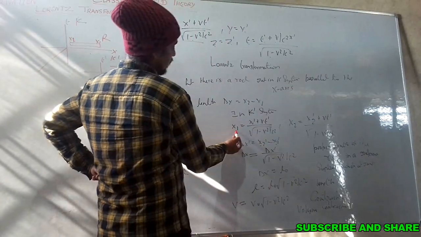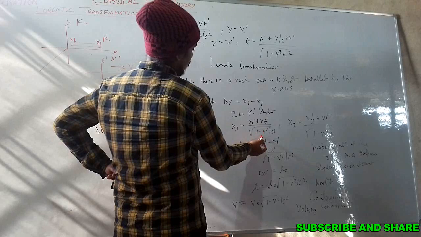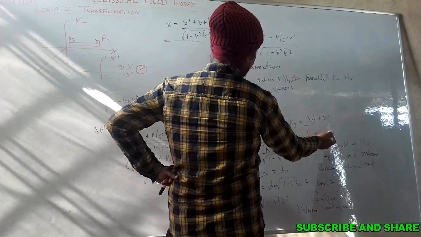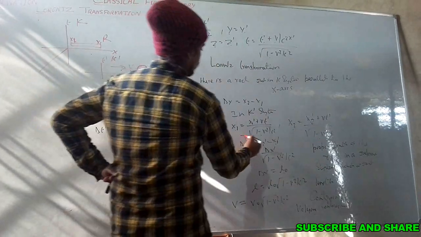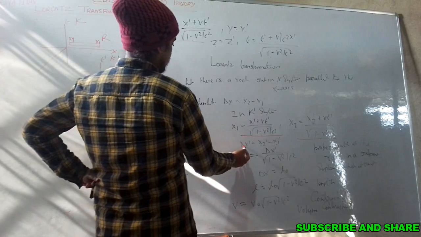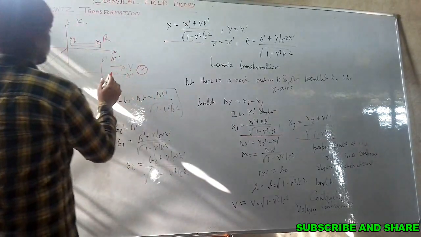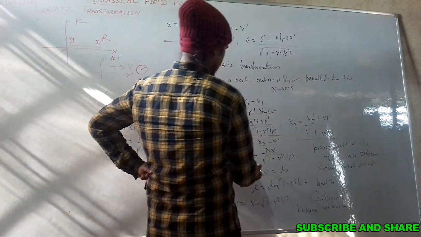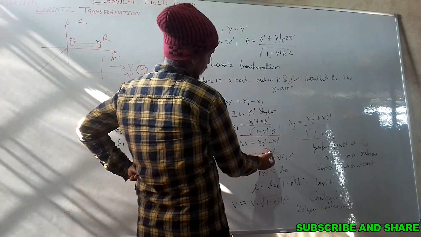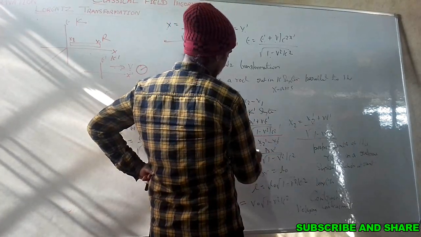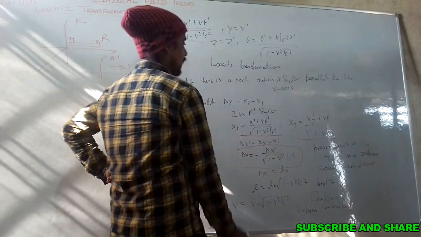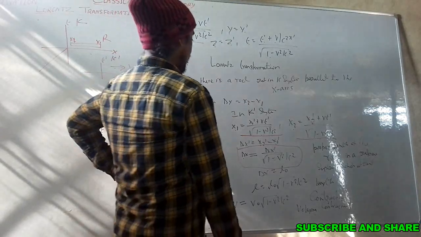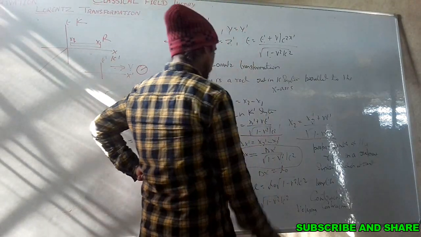Now x1 can be written as x1 dash plus vt dash divided by root 1 minus v² by c², and x2 is equal to x2 dash plus vt dash divided by root 1 minus v² by c². Now for the length viewed from the K dash moving frame, x2 dash minus x1 dash, it will simply become delta x is equal to delta x dash divided by root 1 minus v² by c². This is called the proper length of the rod, in the reference frame in which the rod is at rest.